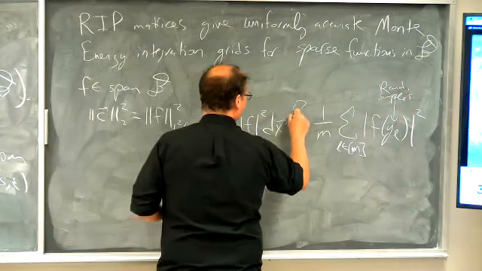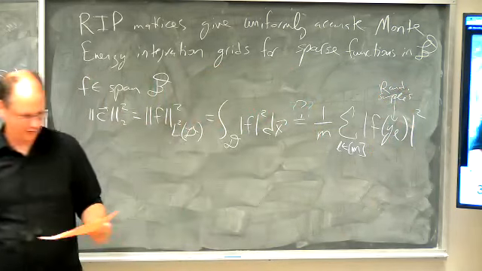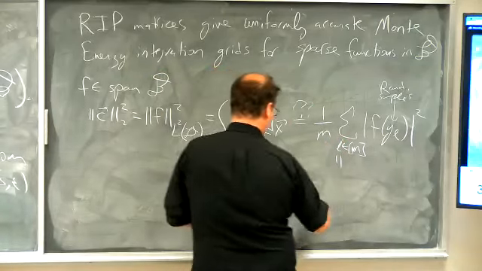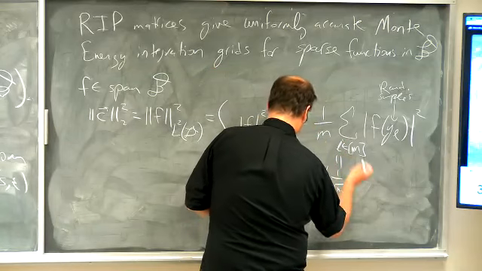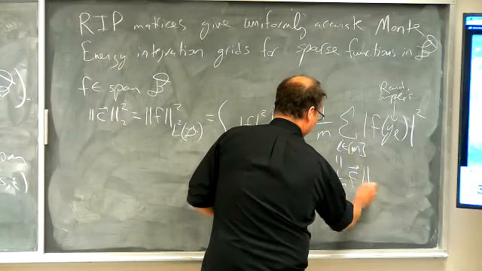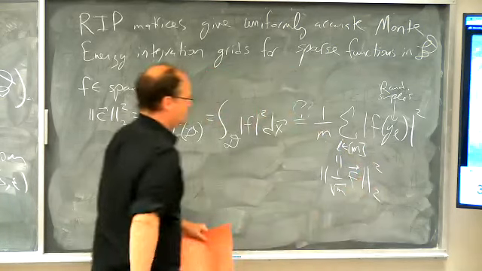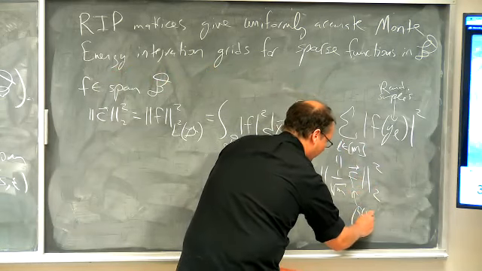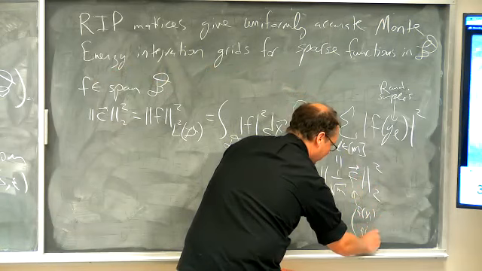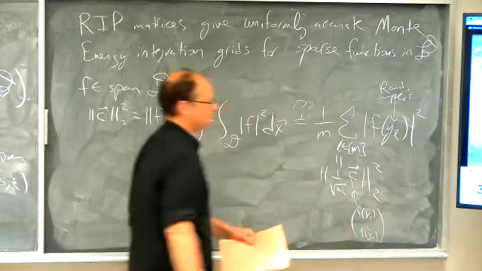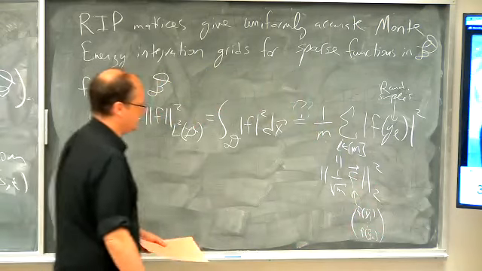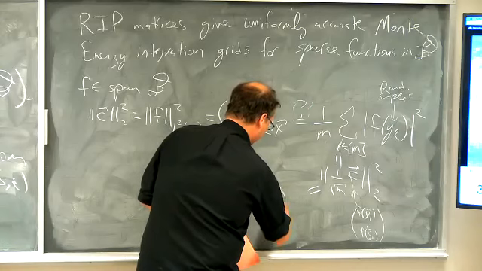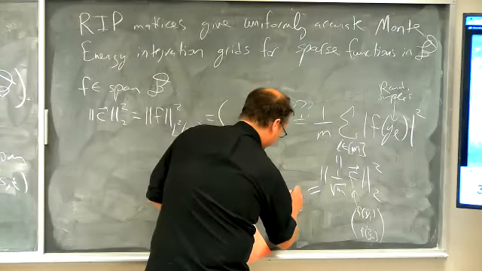And so you wonder if this is true, but yes, it's going to turn out to be true because of what we were just talking about before. This is going to be 1 over the square root of m times the set of samples from F. So this is a sampling vector where I have F of y1 to F of ym. And that's exactly the same thing as 1 over the square root of m of my random sampling matrix phi times c.